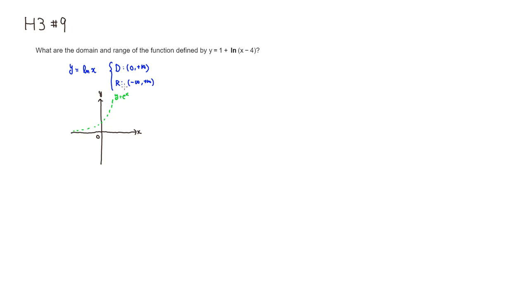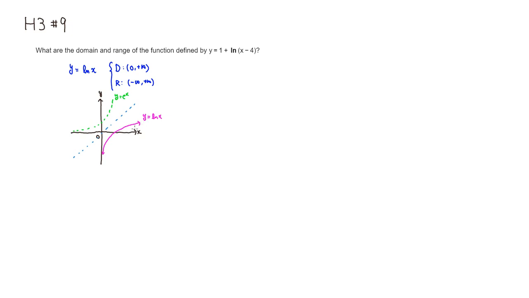Then we can just reflect this about the 45-degree line y equals x. I'm going to just draw this. And then you get the reflection, which looks kind of like that. So this is the graph of y equals natural log of x.